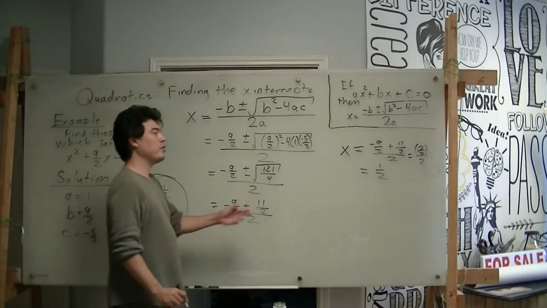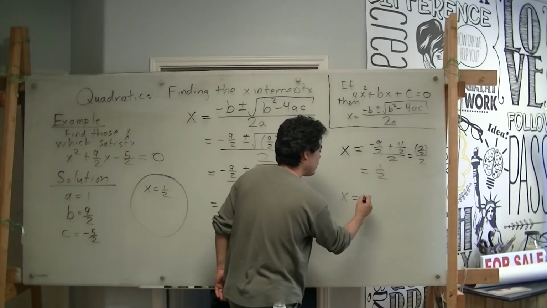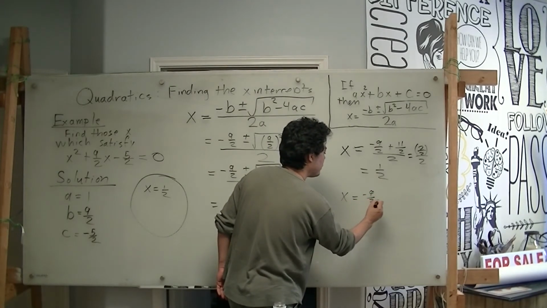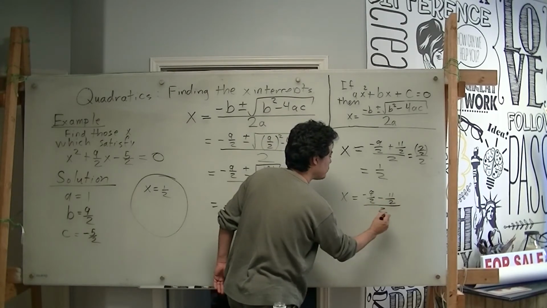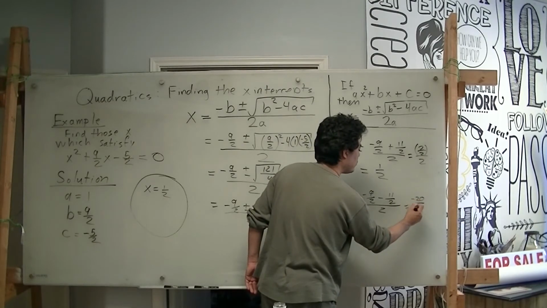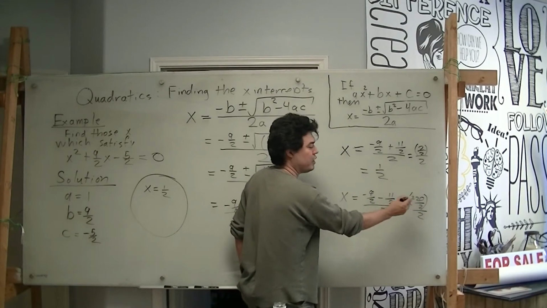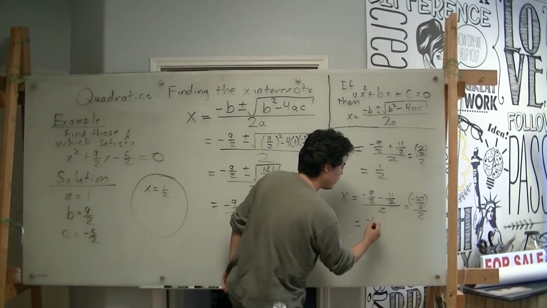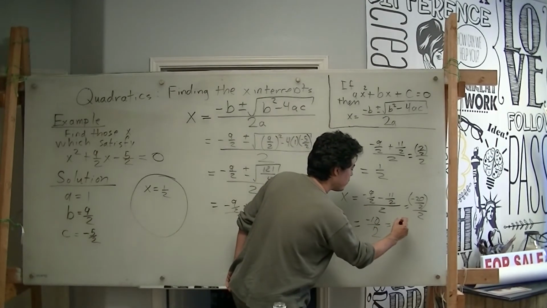And now, when we do the negative part, we're going to get x equals negative 9 halves minus 11 halves, divided by 2. In this case, it'll be negative 20 halves over 2, and negative 20 halves is negative 10. So it'll be negative 10 over 2, and that finally gives us negative 5.